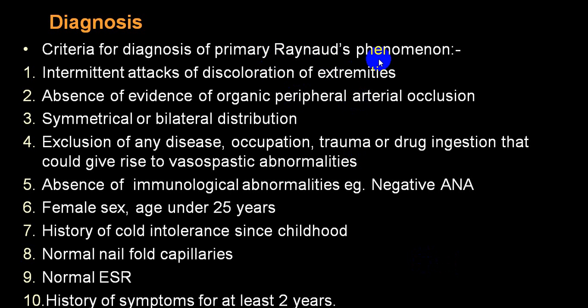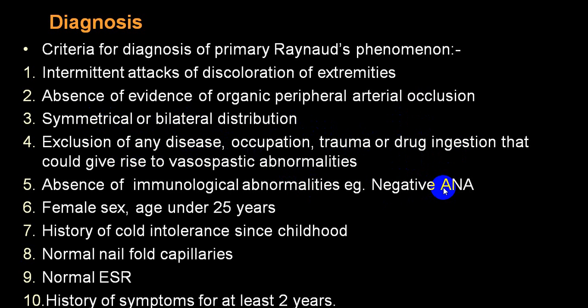Primary Raynaud's phenomena, we already told you, there will be intermittent attacks of discoloration, usually precipitated by exposure to cold. There is no clinical evidence of peripheral artery occlusion. It is by and large bilateral symmetrical. There is no occupational disease, traumatic injury, drugs, etc., which give rise to vasospasm.